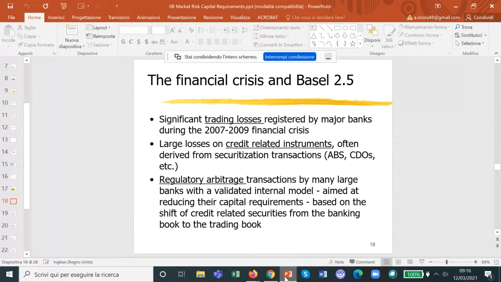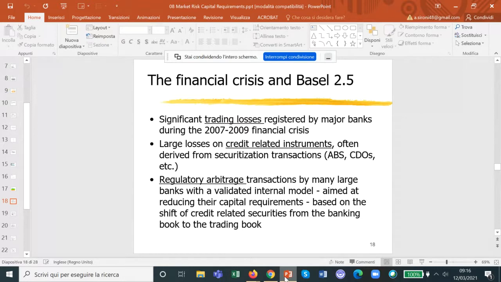Think about, for example, asset-backed securities, collateralized debt obligations, and so on. These were securities traded in the market, but the main risk of which was very much credit risk, i.e. the credit risk of the underlying mortgages or loans, okay?